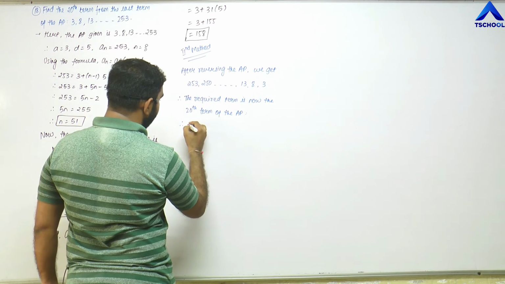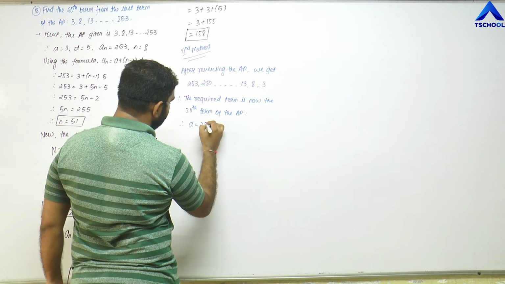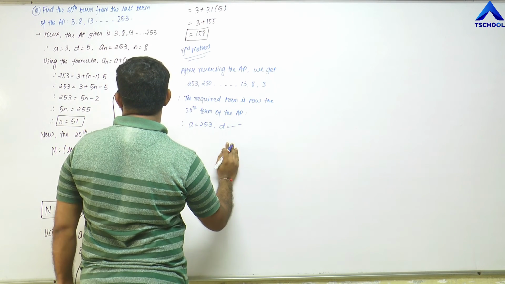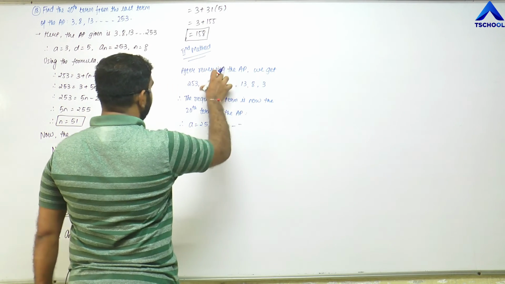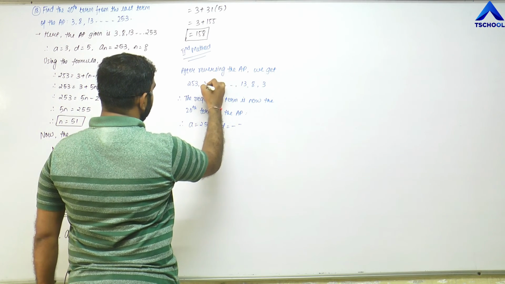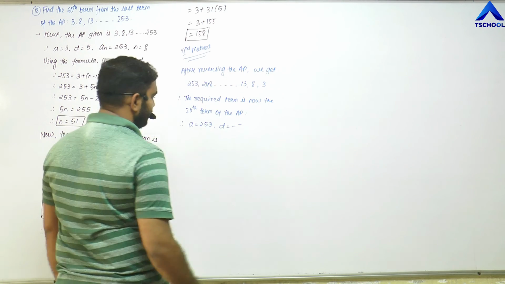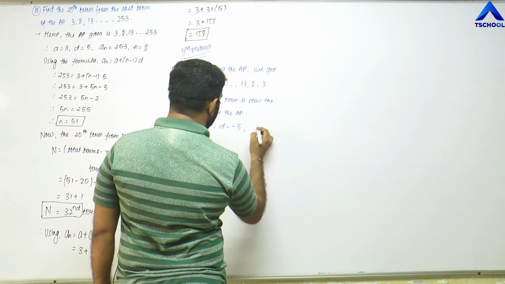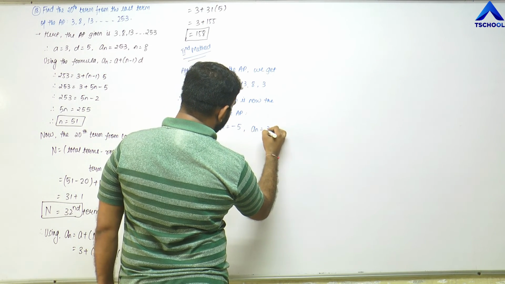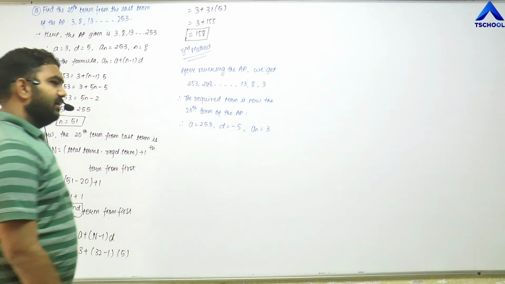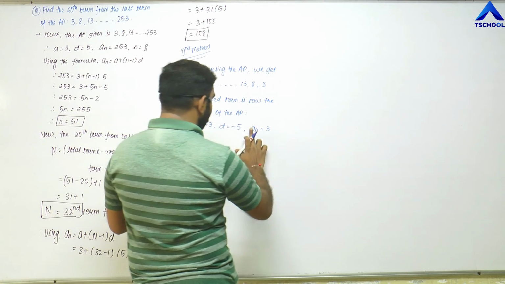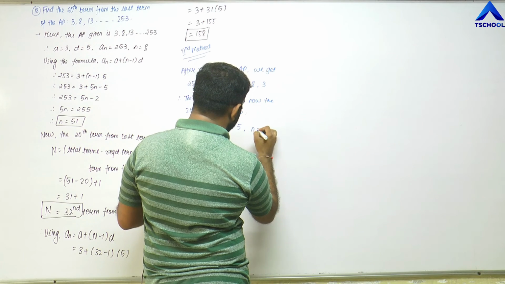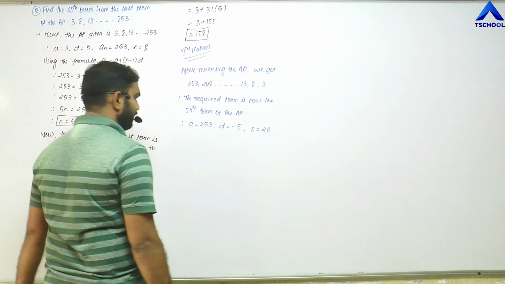Therefore from the AP we get A equal to 253, D equal to 248 minus 253, it will be minus 5, and what we are having is AN, that is equal to 3, right? We don't require that, rather we require the N, and that is equal to 20 now.